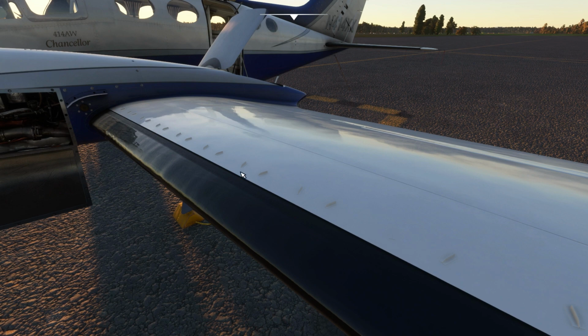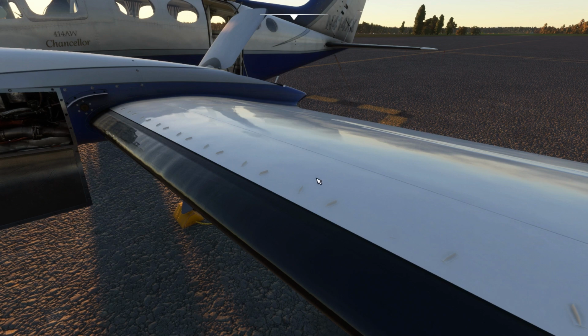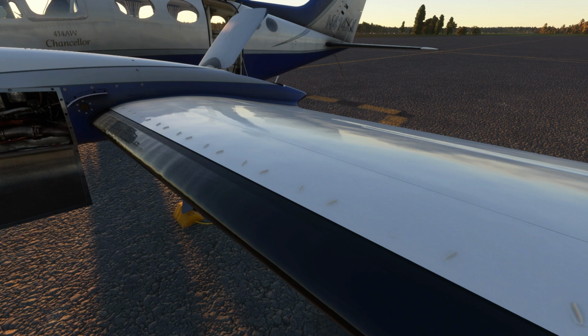The airflow separates from the wing because of low speed. These things generate turbulent air around here, very near these. These are not huge vortex generators like you find in an F-18 or a fighter aircraft in general.